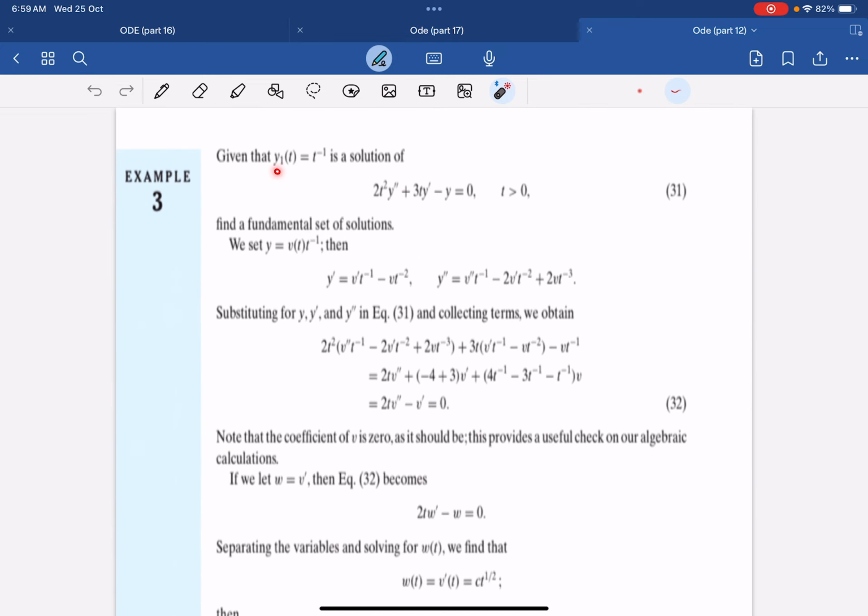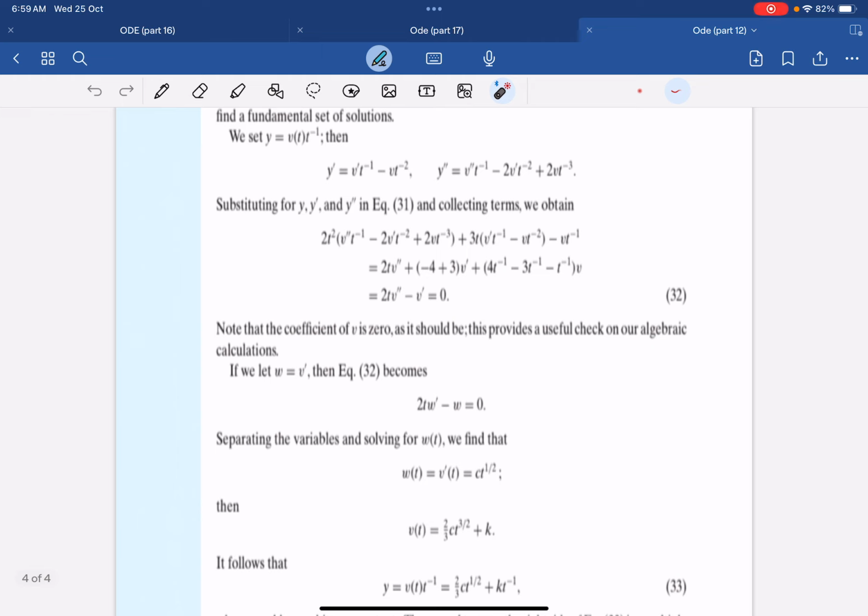So given that y1 is this solution, we want to find the fundamental set of solutions. We just let y equal some function v times t minus 1. Then the prime is this, the double prime is this. Substitute into 31 and we get this formula. With that formula, we just let w equal v prime.